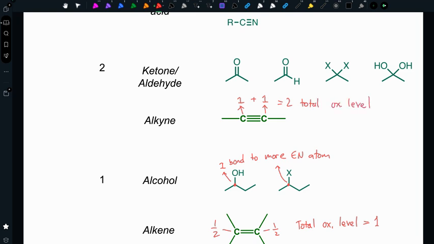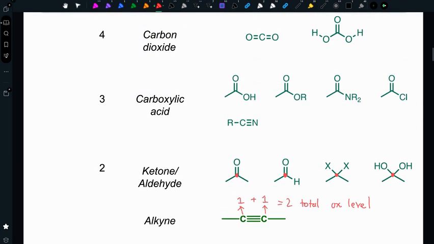And that's why an alkyne would be considered to be on the same level as an aldehyde or ketone, or some of these other functional groups where you've got 2 bonds to more electronegative atoms. So these each have 2 bonds to more electronegative atoms. That puts them at oxidation level 2. And then we have our carboxylic acid oxidation level, where we have a carbon bonded to 3 more electronegative atoms.